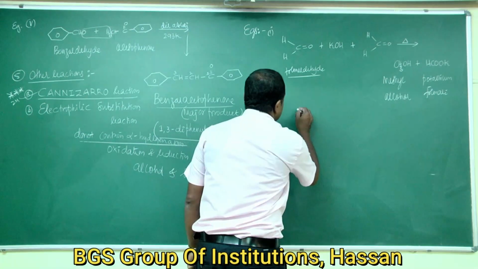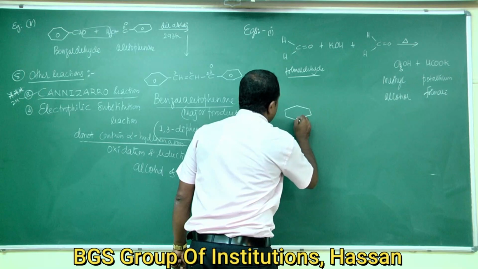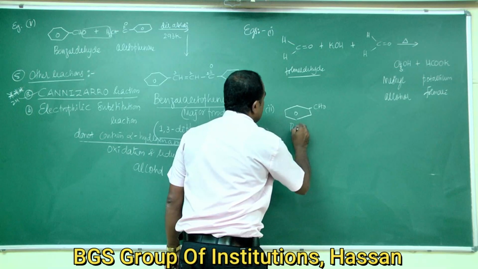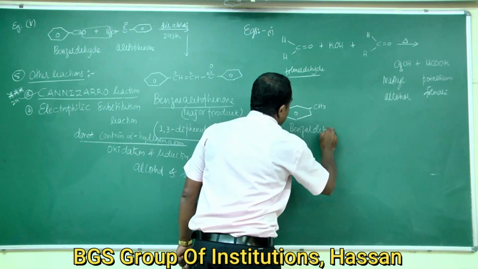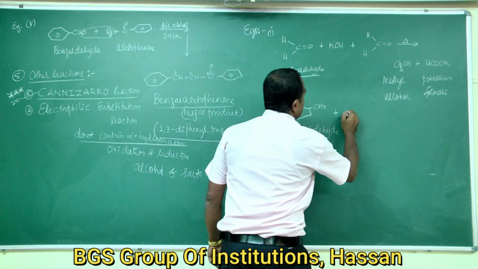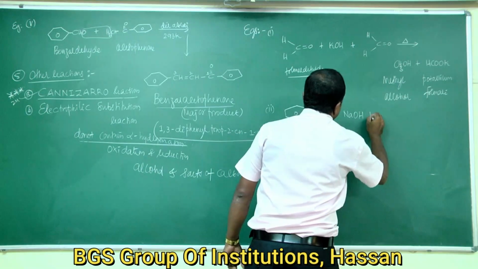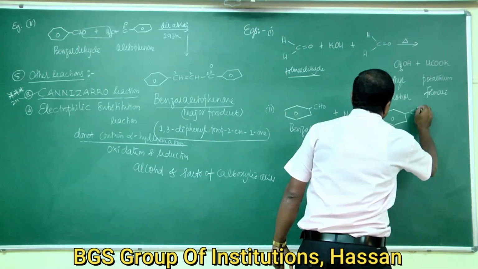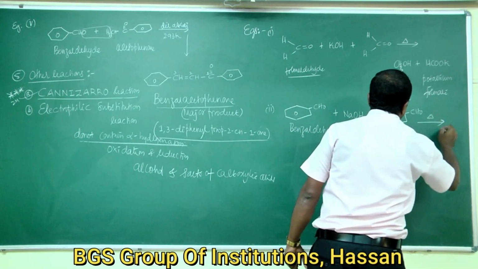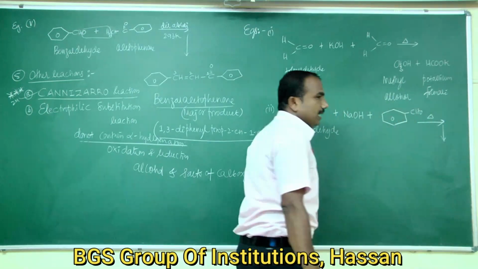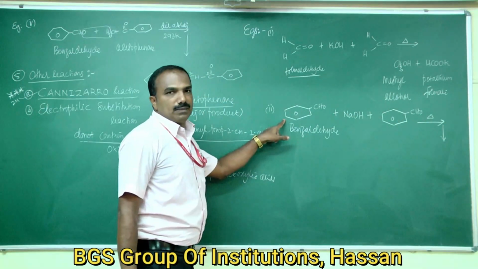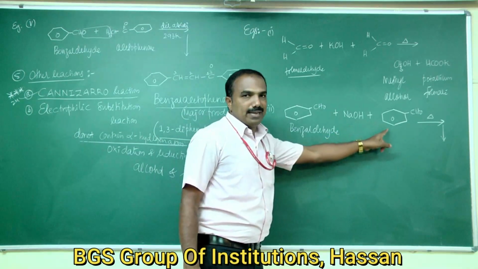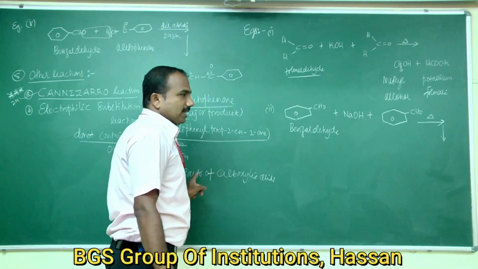Okay, we are going to write the second example. That is benzaldehyde, benzene ring connected to CHO. When two molecules of benzaldehyde are heated with concentrated alkali, sodium hydroxide, one molecule of aldehyde is reduced to alcohol and another molecule of aldehyde is oxidized to salt of carboxylic acid.